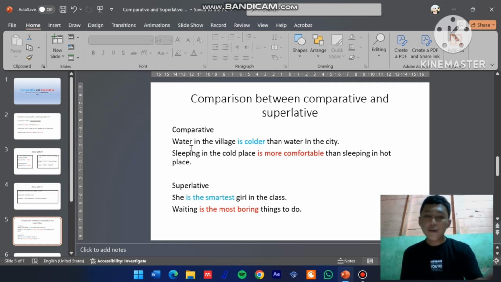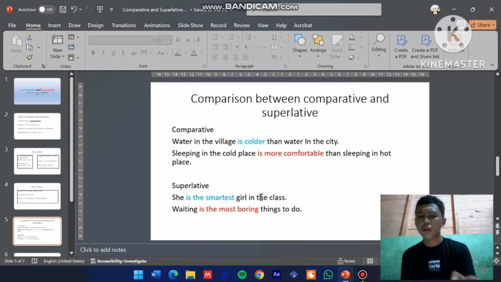Next, comparison between comparative and superlative. I will show you sentences that can make you understand. Comparative in here. Let's see. Water in the village is colder than water in the city. In here you compare one thing with one other thing, two things: water in the village and water in the city. And the next sentence is: sleeping in a cold place is more comfortable than sleeping in a hot place. Here you use more because comfortable has more than two syllables. And next we have superlative.